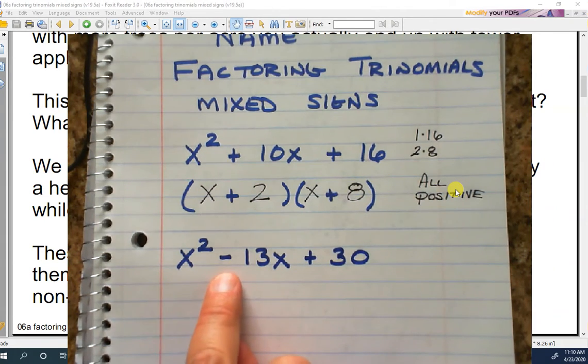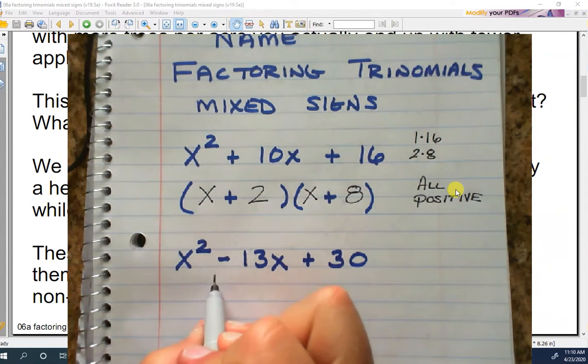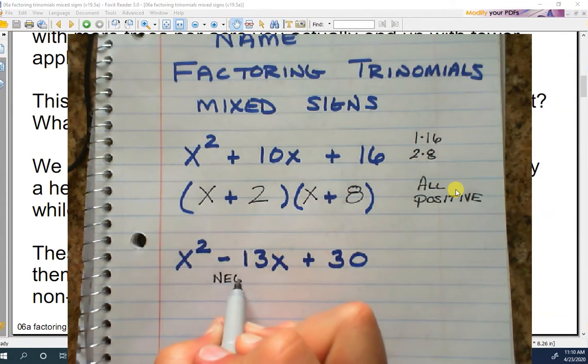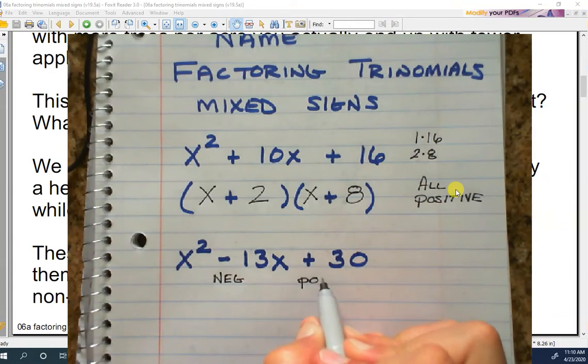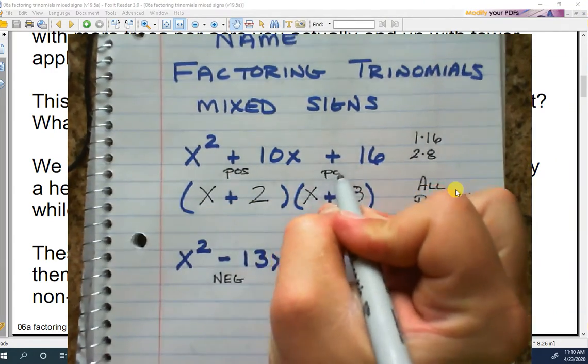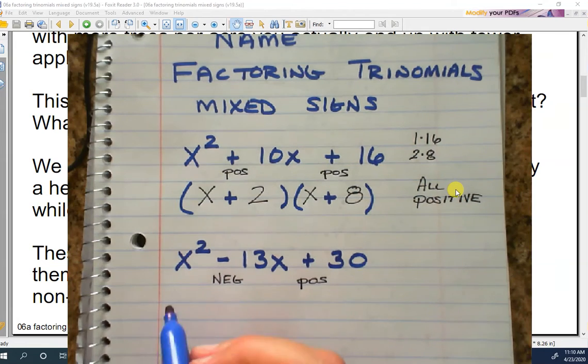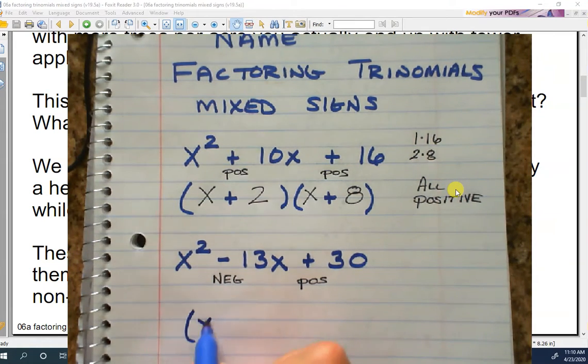And because this is a negative and this is a positive, see negative, positive, I know it's going to be an all negative solution. Up here we saw positive, positive. So I actually know what to expect before I even do the problem. So this is going to be x minus, x minus.